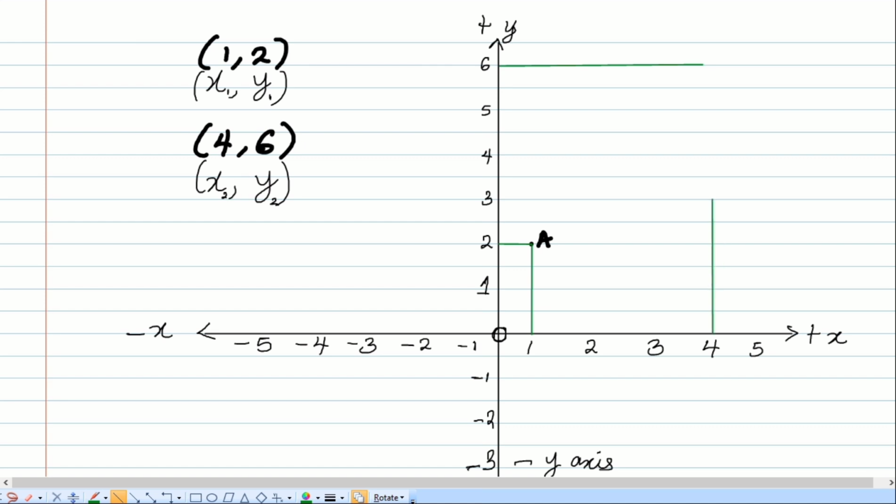So from the origin, you're going to go 4 units towards the x-axis and 6 units toward the y-axis, and then that's what we have. The point where they intersect is the position of the object you're looking for.